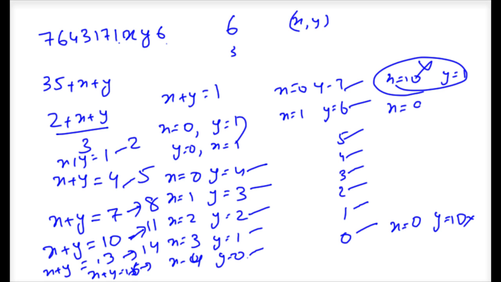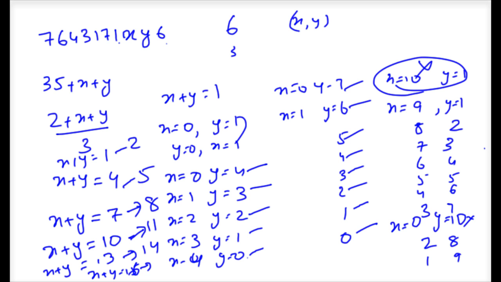So here the only acceptable thing is x equal to 9, y equal to 1, then 8 and 2, 7 and 3, 6 and 4, 5 and 5, 4 and 6, then 3 and 7, then 2 and 8, and then 1 and 9.